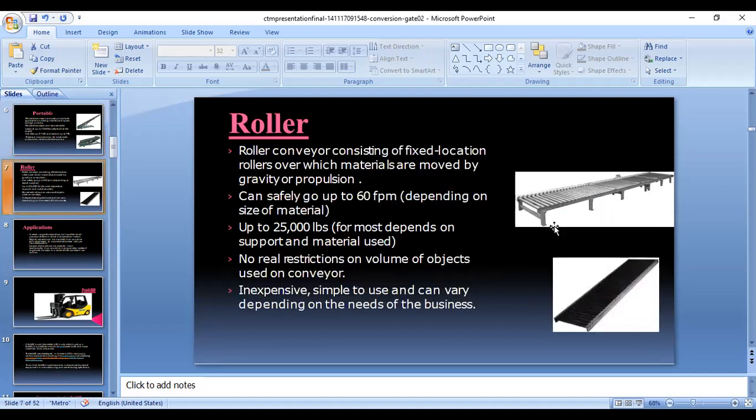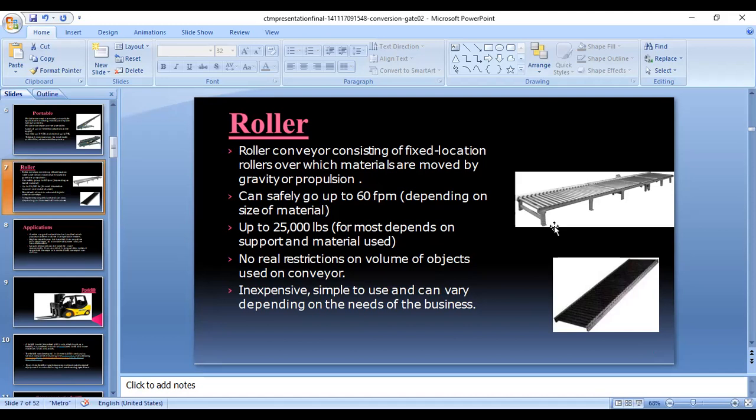The rollers. The roller conveyor consists of fixed location rollers on which materials are moved by gravity or propulsion. They can safely go up to 60 feet per minute, depending on the size of the material. It can carry loads of up to 25,000 lbs, which mostly depends on the support and material used.